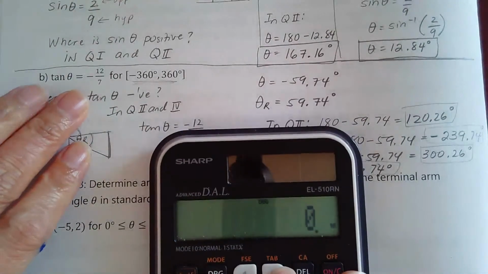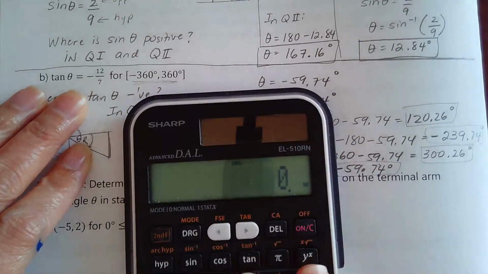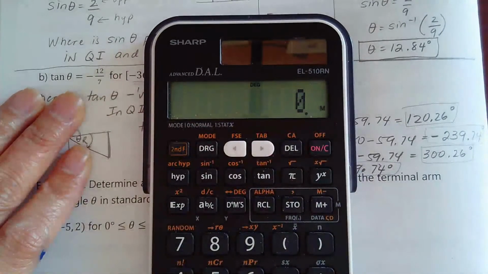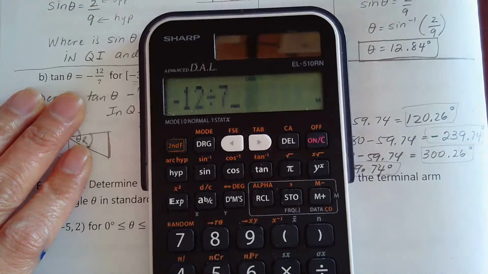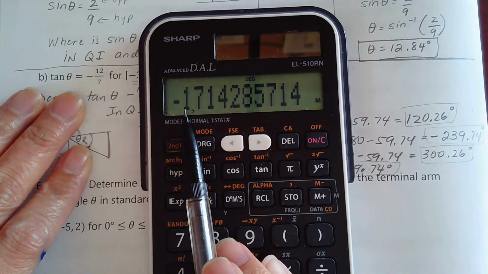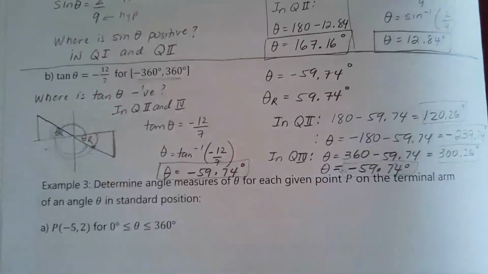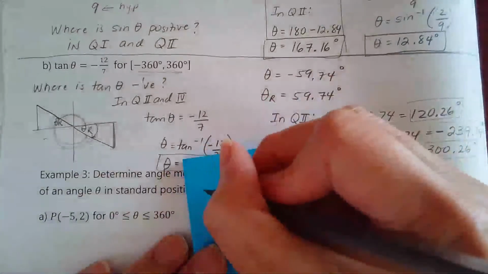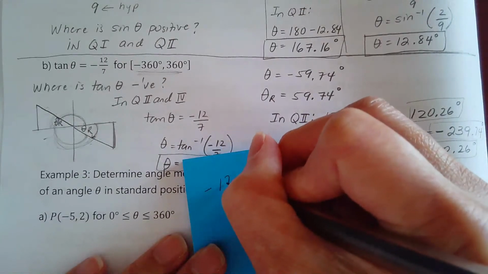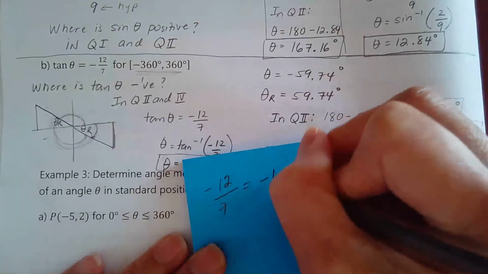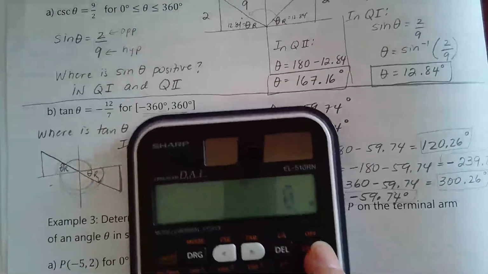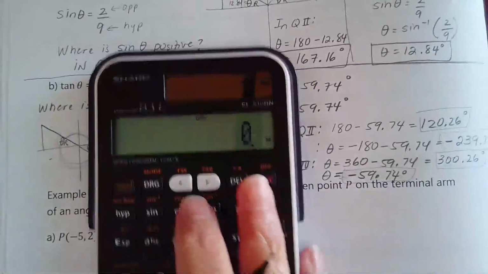Okay, so I'm going to show you another way to check if our answer is correct. We know negative 12 divided by 7 is going to give us negative 1.714. Let me just write that down. Negative 12 over 7 is negative 1.714. So let's check if my answer is correct.